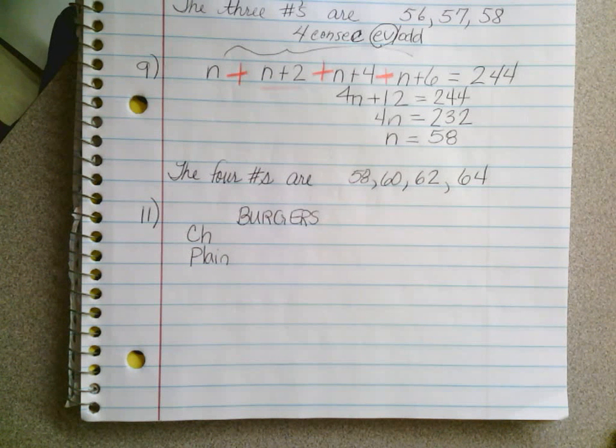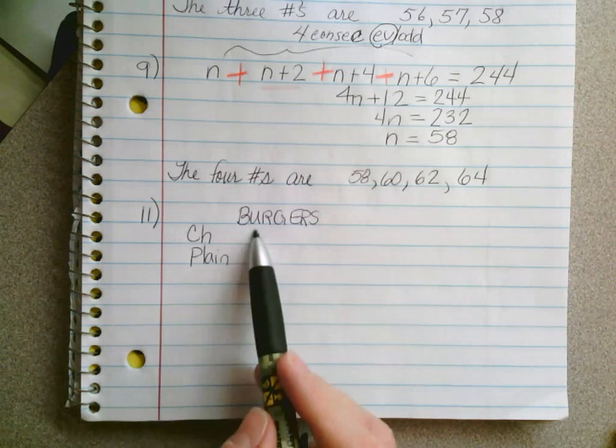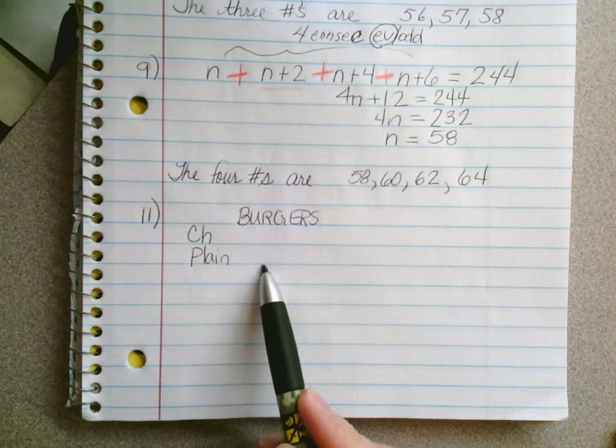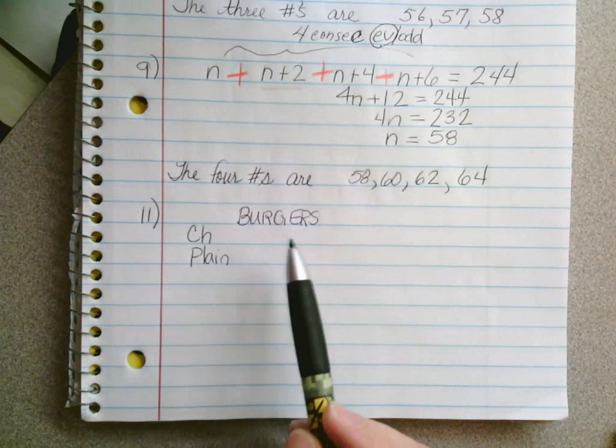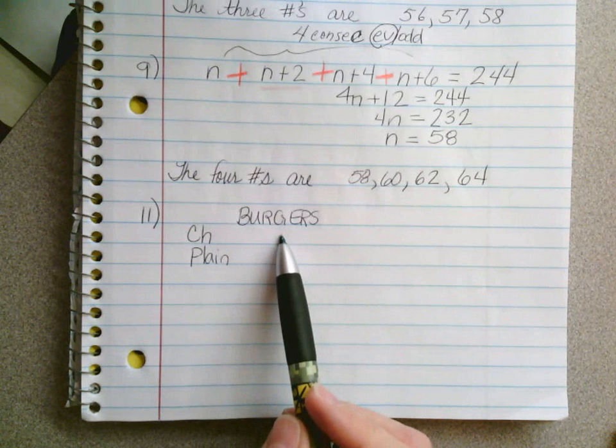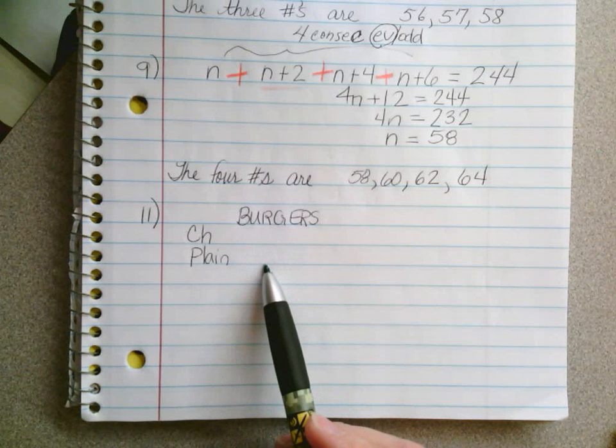So they're analyzing how many cheeseburgers versus how many plain burgers were sold, but we do know one thing that'll help us. We know that cheese is half of plain. The number sold with cheese, according to the story, is half the number sold without.